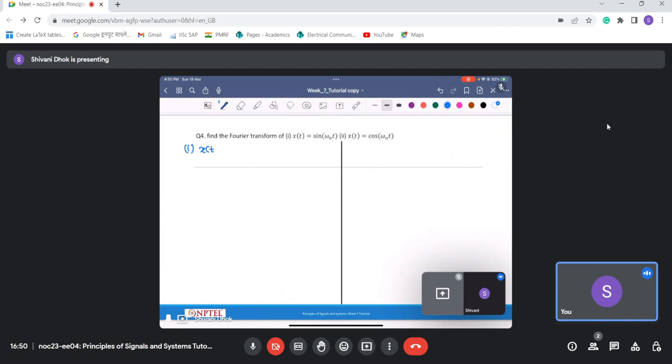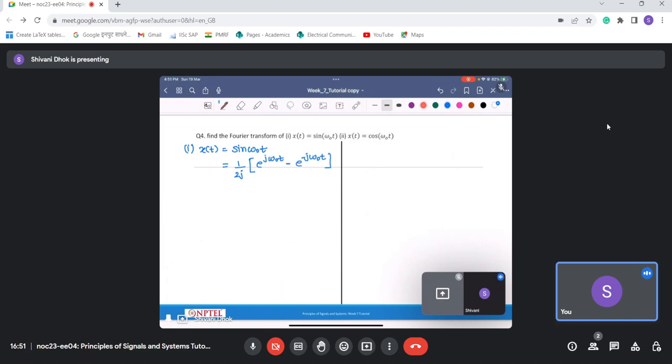So we have x(t) equal to sine of omega naught t, and I can write this as 1 upon 2j, inside the bracket, e power j omega naught t minus e power minus j omega naught t.